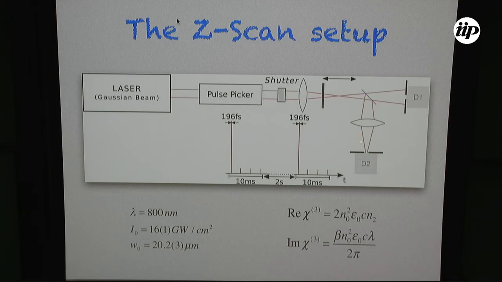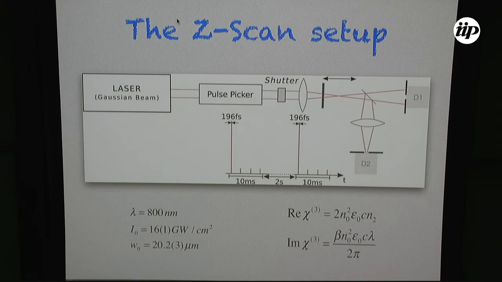So all the light transmitted by the sample will be taken here. In the same experiment, you can have an idea of the nonlinear refraction, the focusing of the beam, and also the nonlinear absorption, because this detector gives you good information about how your sample absorbs non-linearly, since the linear part is not taken into account here.